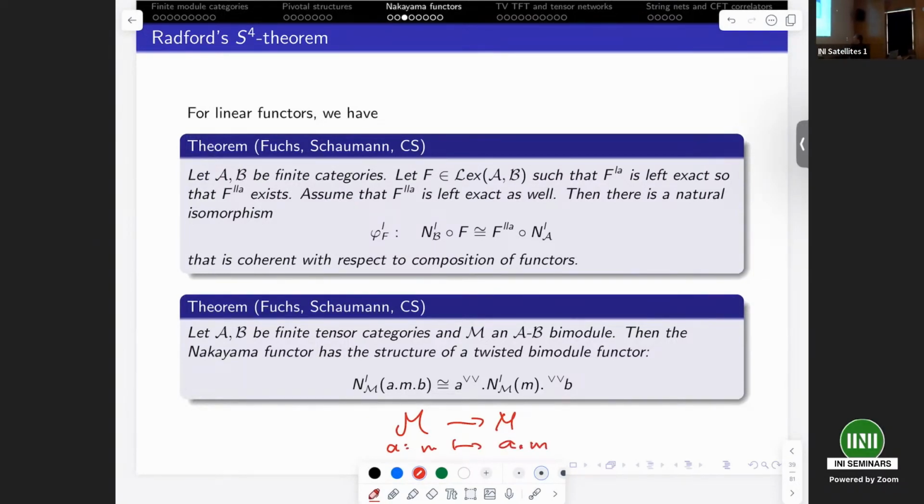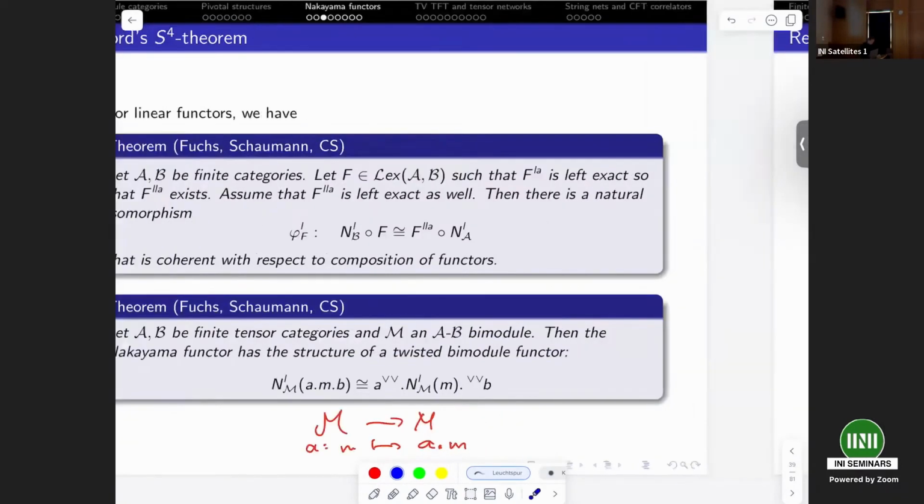You have to compute what the duals, the adjoints, are, and depending on how you set up the conventions, it so happens that if we take the double left adjoint, we have to take in the monoidal category the double right dual. But this is a matter of convention. And you see that the Nakayama functor is a twisted bimodule functor.